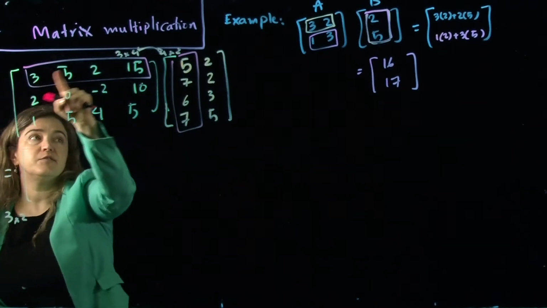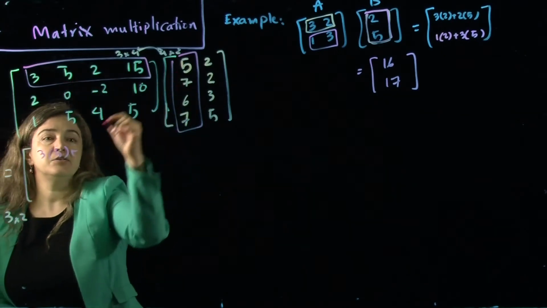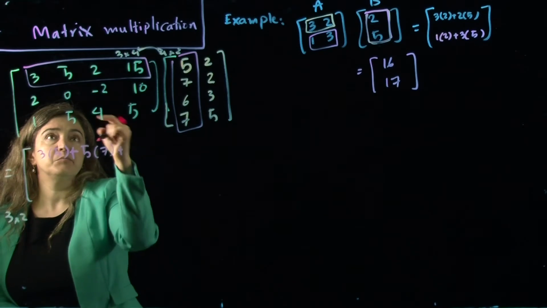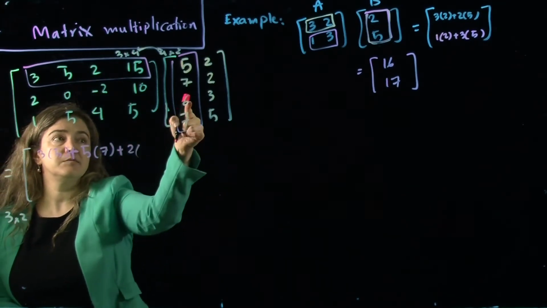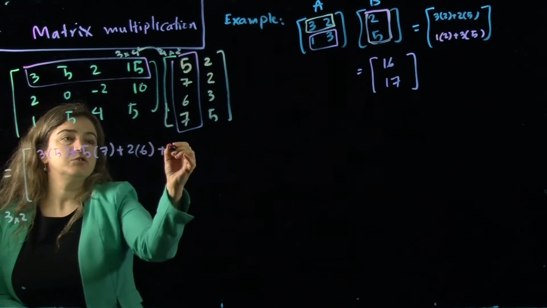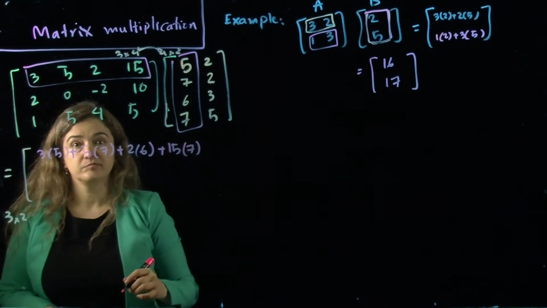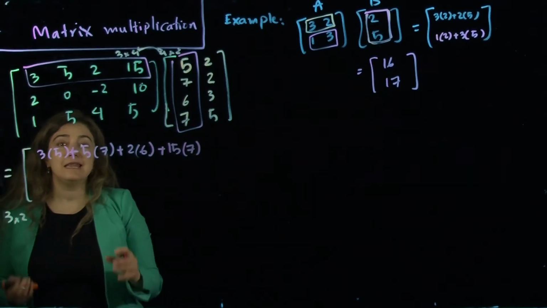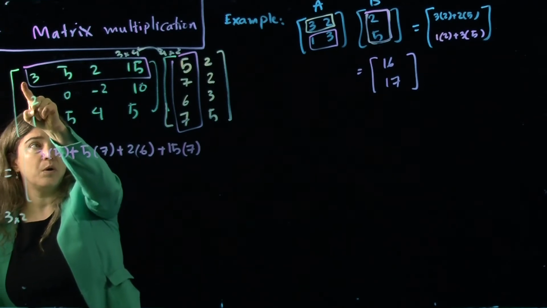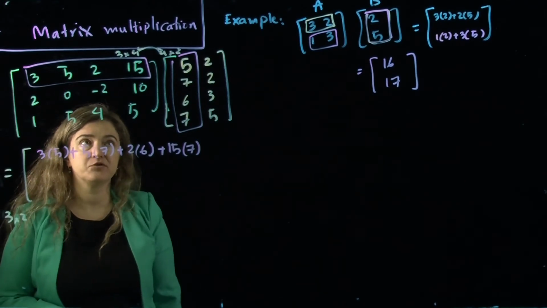That would be the first entry times the first entry, plus the second entry times the second entry, plus the third entry times the third entry, plus the fourth entry times the fourth entry. Okay. That becomes the row 1, column 1 entry of the resulting matrix.